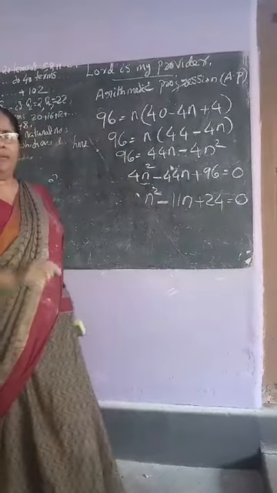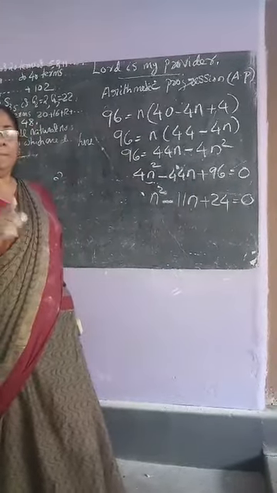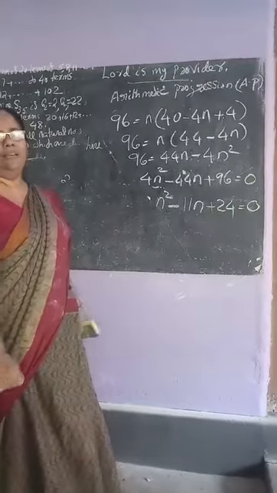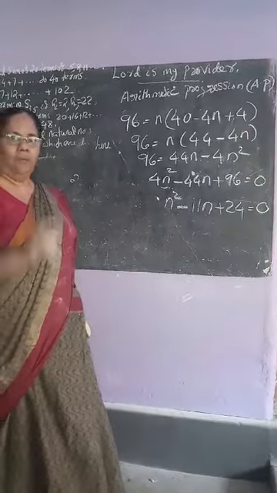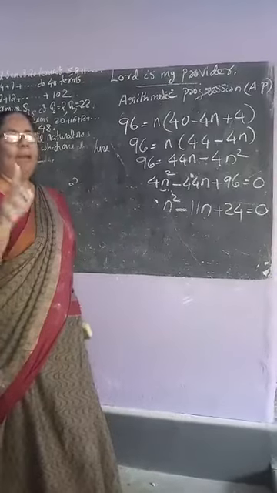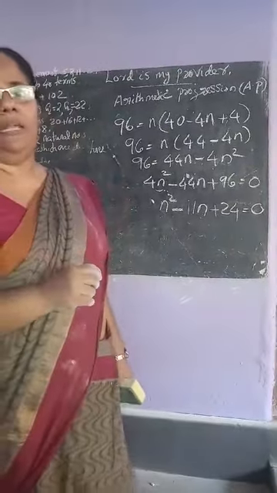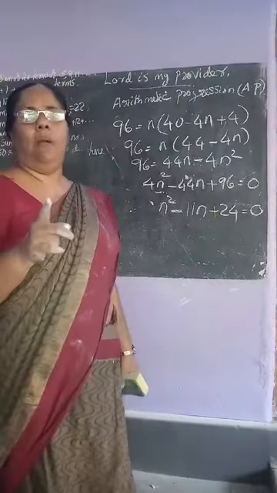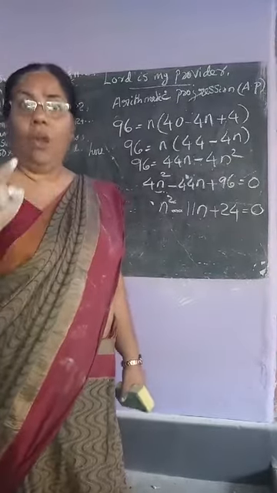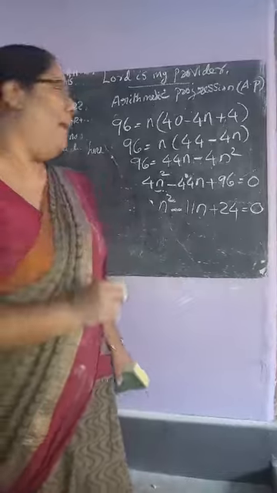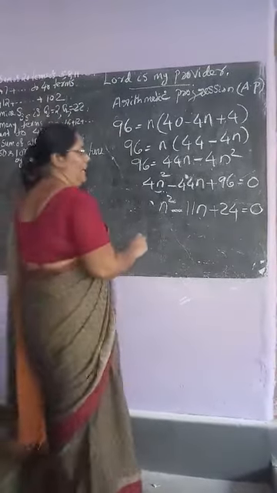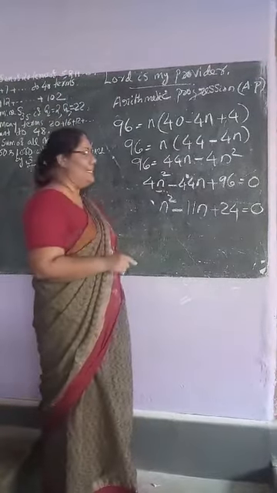Now you can find the answer using prime factorization method. In this quadratic equation, one method is directly apply the formula. What's the formula? Minus b plus or minus root of b square minus 4ac the whole by 2a. Here this is a simple problem. Therefore, we can apply factorization method.